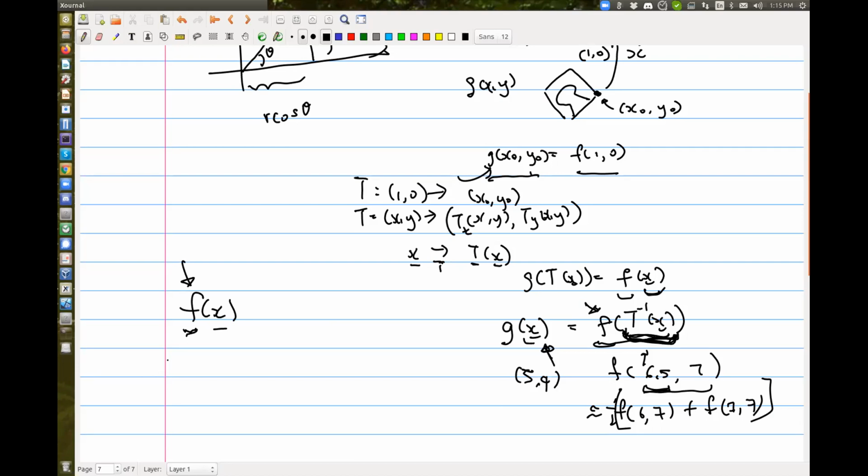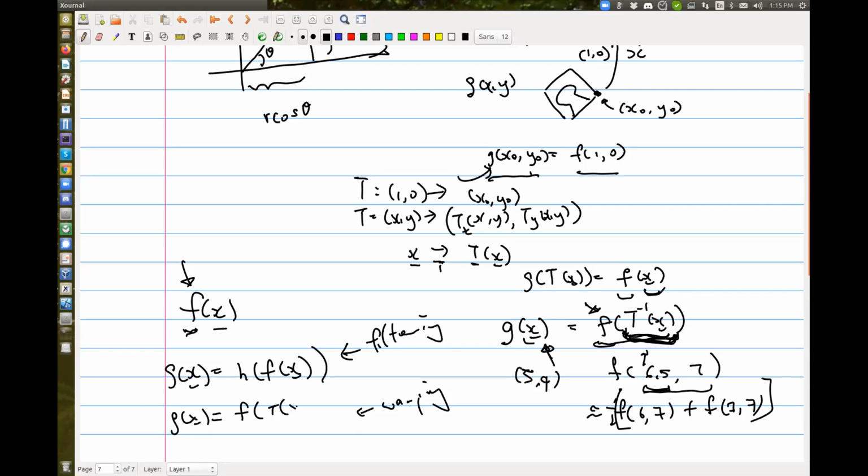I have a filtered image g(x) equal to H applied to f(x). So this is filtering, and this is warping: g(x) is f with the transform T applied to the coordinate itself. T or T inverse, it doesn't matter.